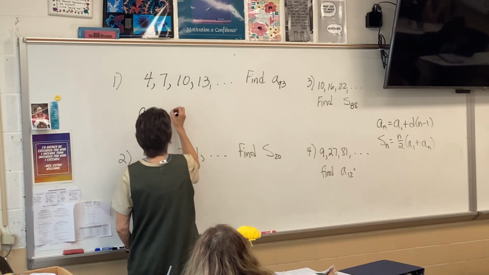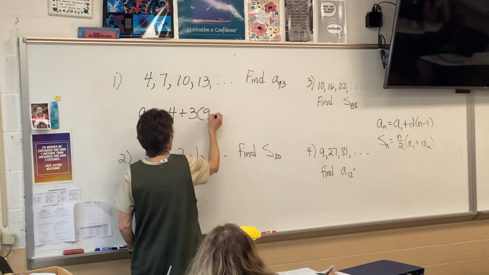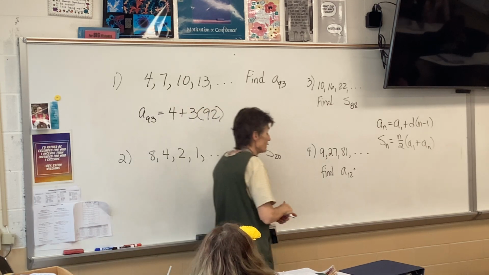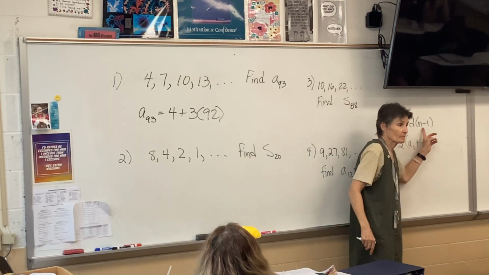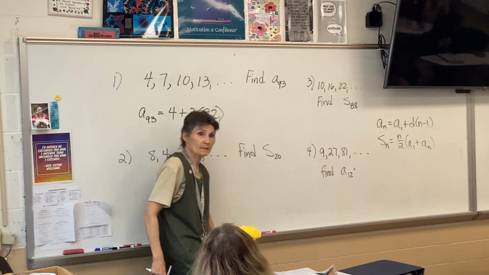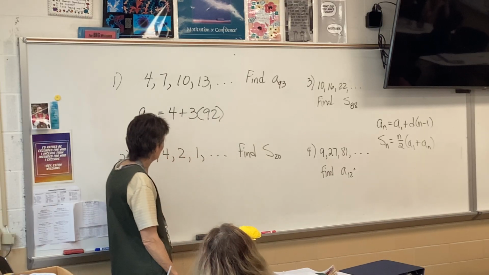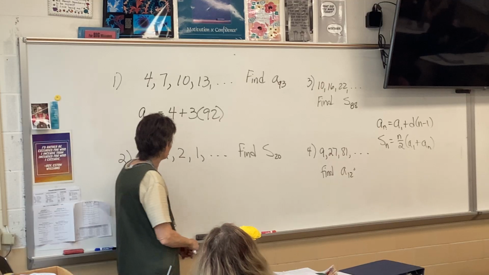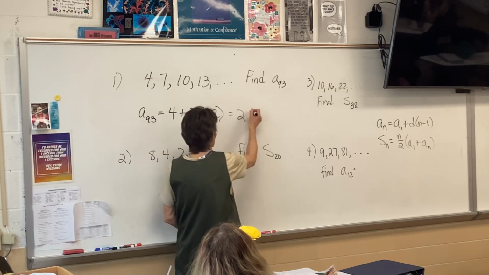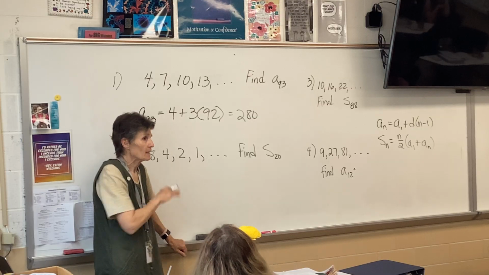So I have my first term plus my common difference times 92. Where did the 92 come from? N was 93, so n minus 1 is 92. I take out my trusty calculator, and what is that, 280? And that's the answer to the question. Easy.